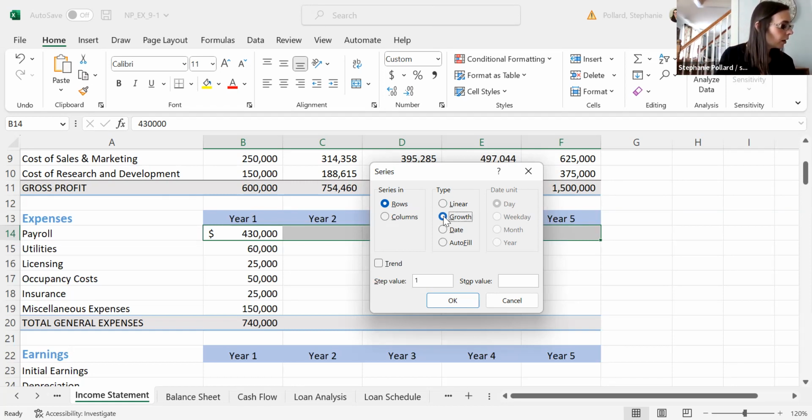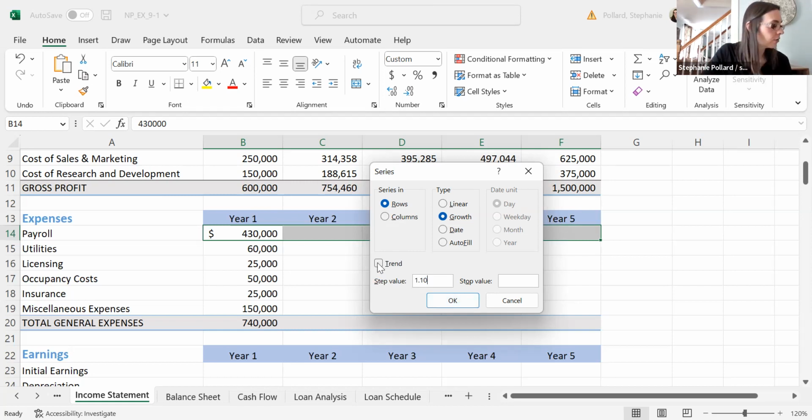And then what we're going to do is put in the step value, and we're going to use 1.10. So what that means is that these will change by an increase of 10%, basically. So our growth rate is 10%. And then I'm going to go ahead and hit OK.